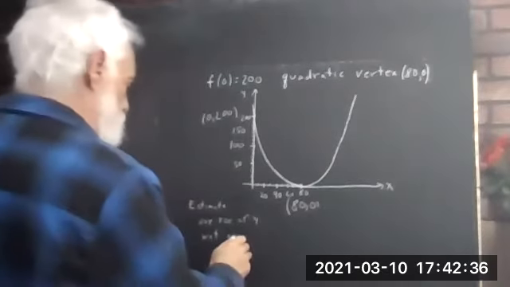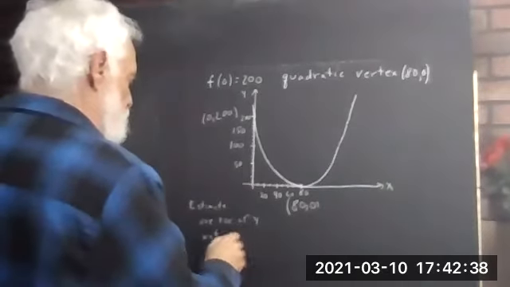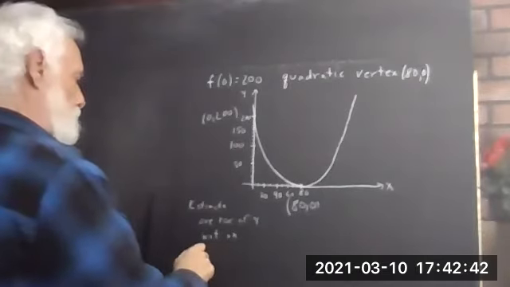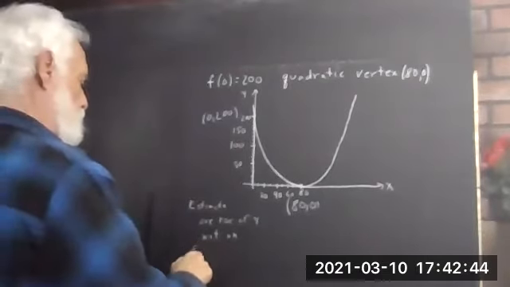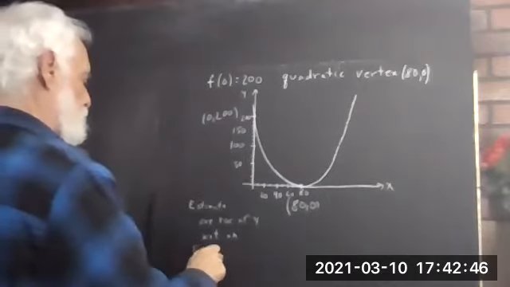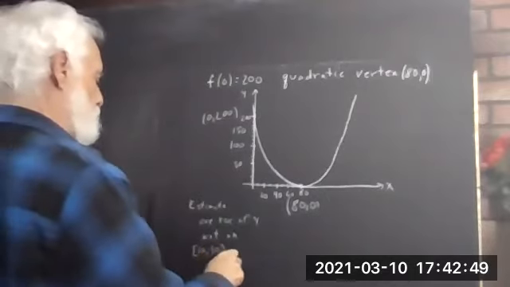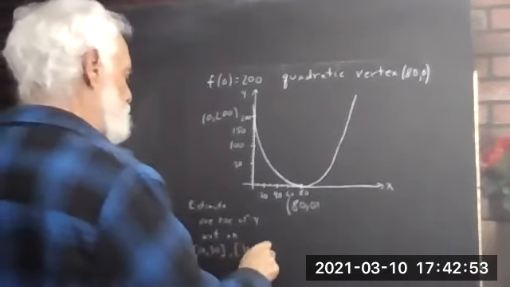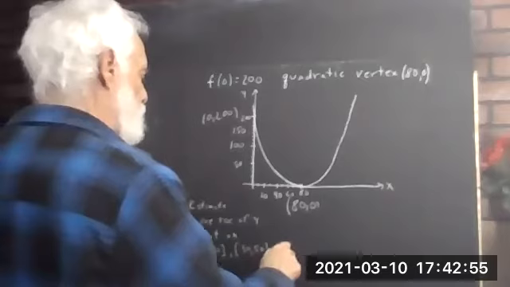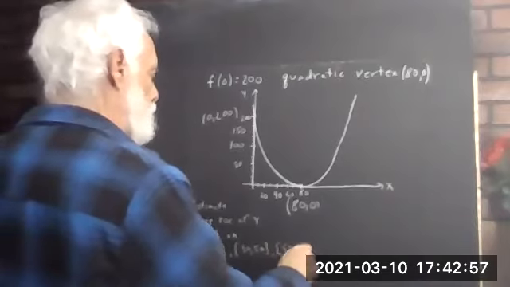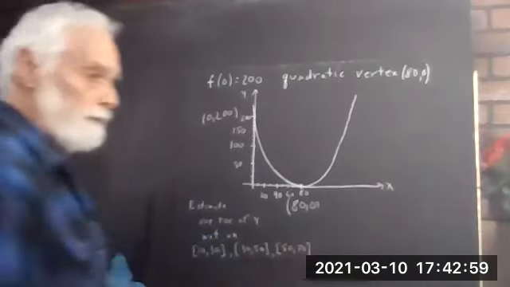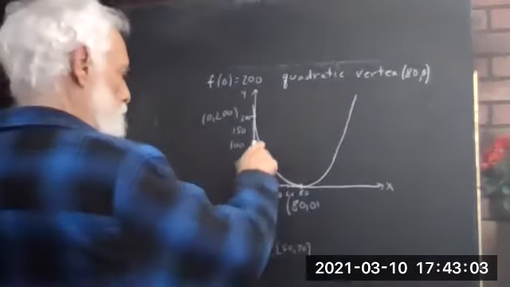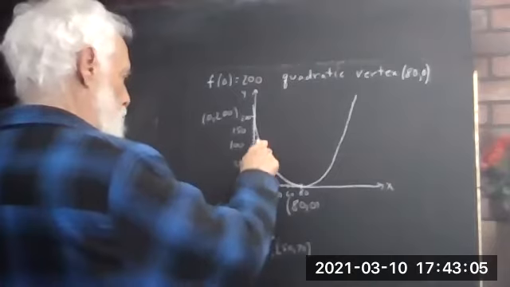Let's say I want to do that on the interval [10, 30], on the interval [30, 50], on the interval [50, 70]. It's easily done.